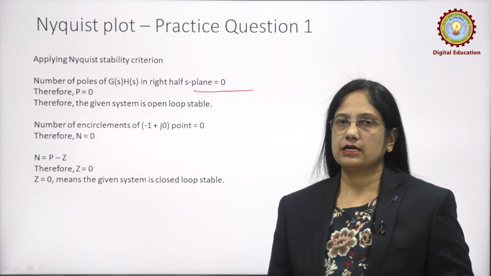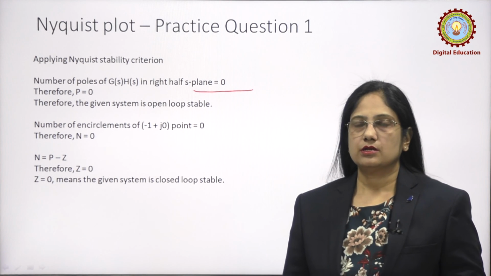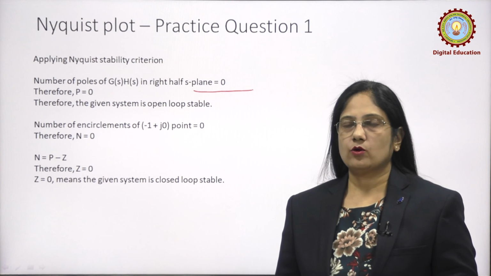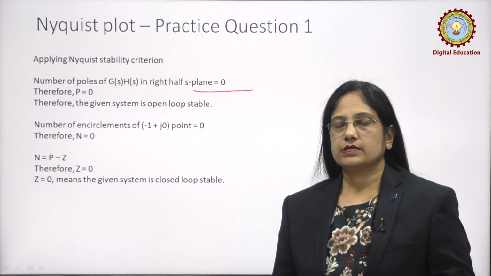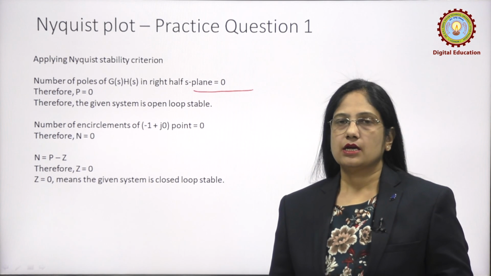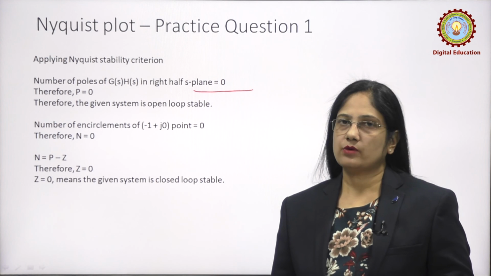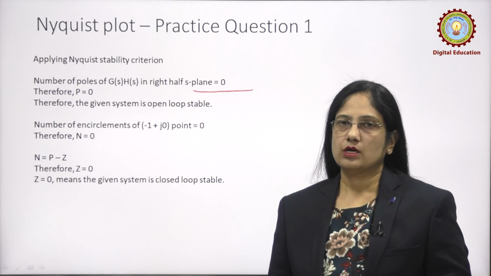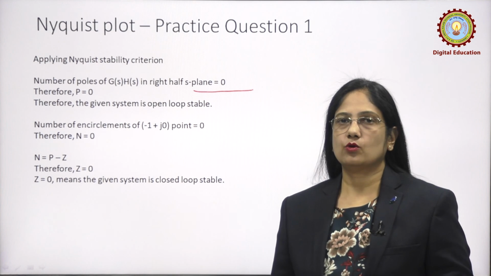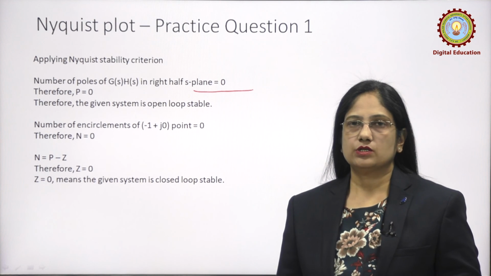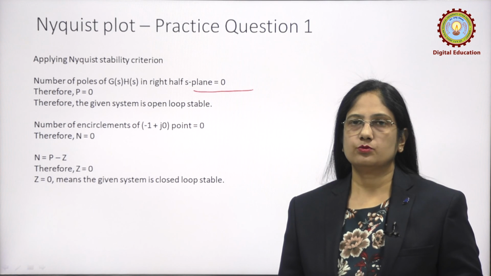When we map the infinite semicircle in the S plane and also the contour which was indented at the origin, we found that there are no encirclements in the GH plane of the minus 1 plus j 0 point. Therefore, N is 0. So, the system is closed loop stable because the value of Z is 0. So, this system is open loop stable as well as closed loop stable.